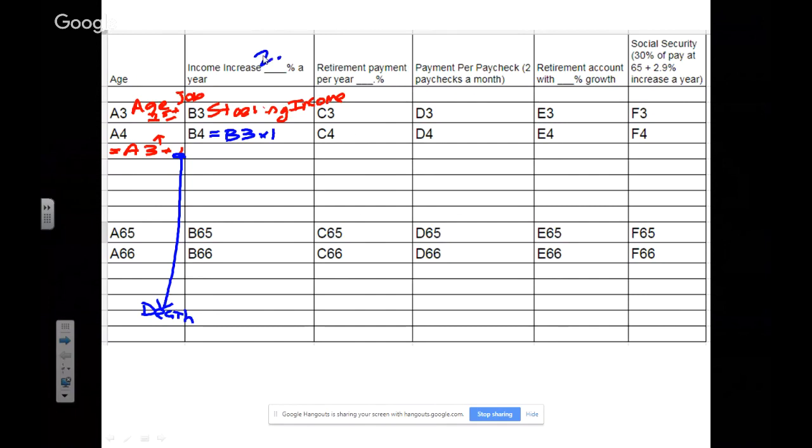Okay, so let's just sneak in 2.5. So it's 102.5%. And we're going to drag that to what? Retirement. We drag that to retirement.